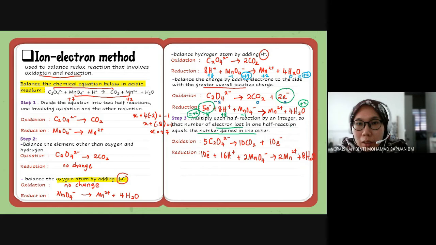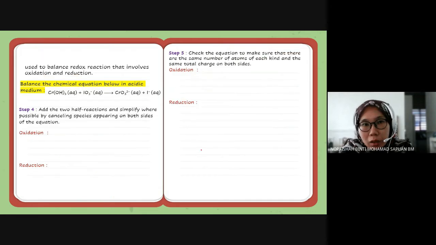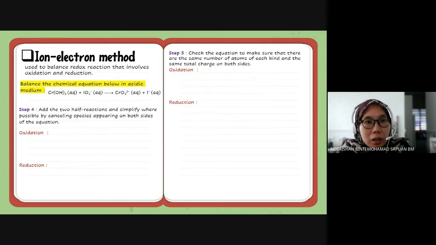So yang ini kita baru balancekan dia punya elektron. So for next step, add the two half fraction and simplify where possible by cancelling species appearing on both sides. So kita kena combine, dah tak adalah oxidation and reduction ni, kita kena combine the reaction dan kita akan cancel species yang sama.